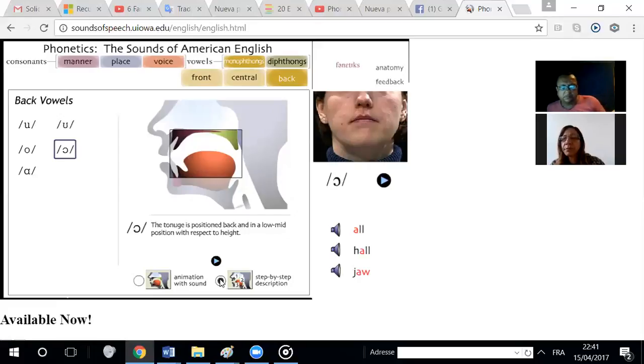The tongue is positioned back and in a low mid position with respect to height. Height. Height. Height.